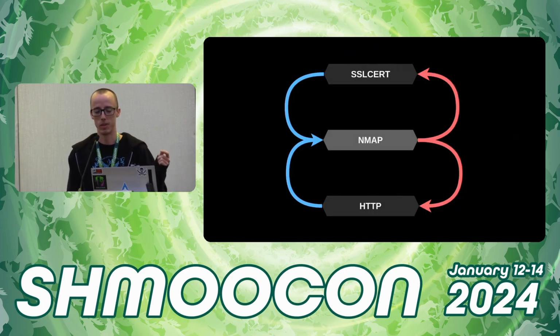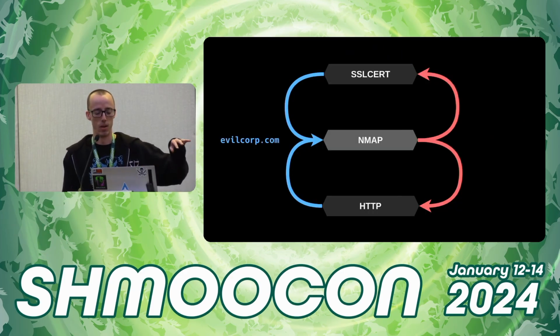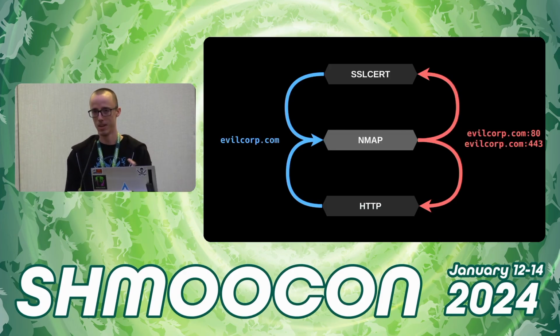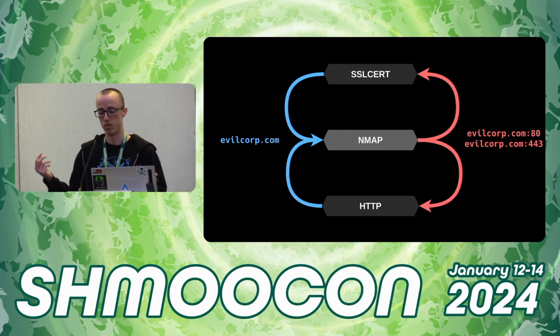So let's go through a scenario, right? We input a host name, our target, evilcorp.com. It's a host, so it goes into Nmap. Nmap port scans it, finds open ports. Okay, these open ports get fed to SSL cert. SSL cert will pull down the cert, parse it, and find other host names, right?